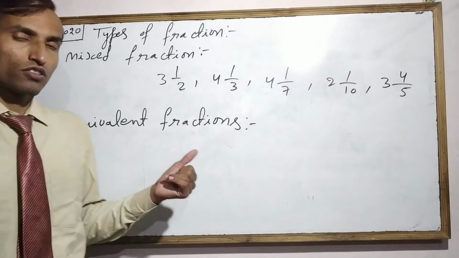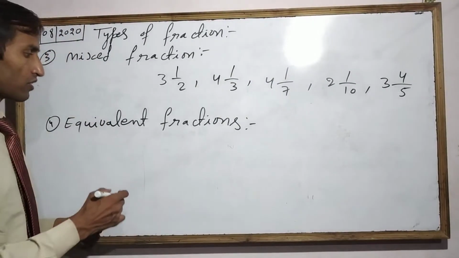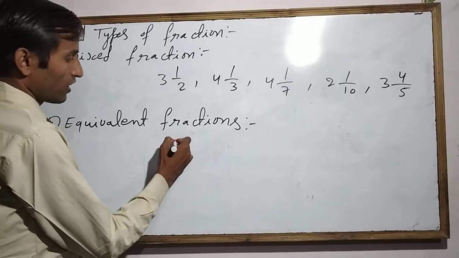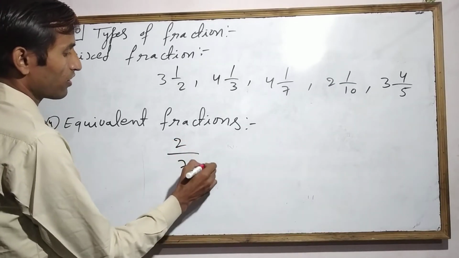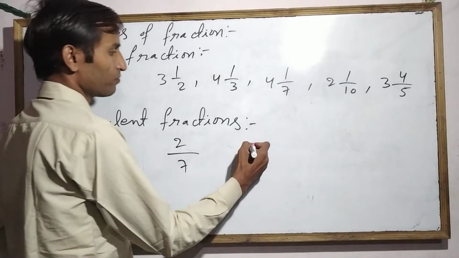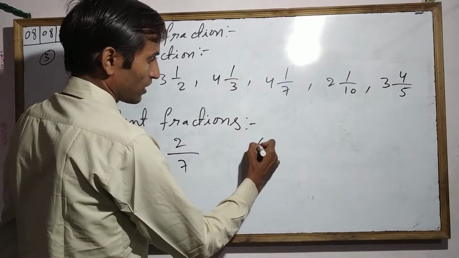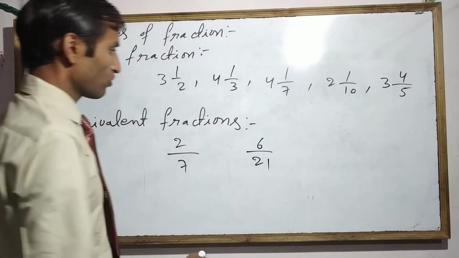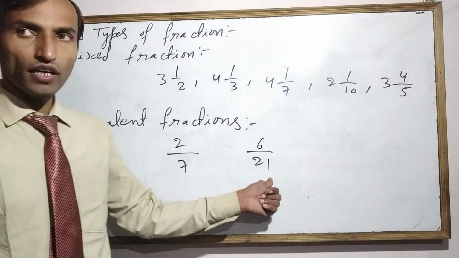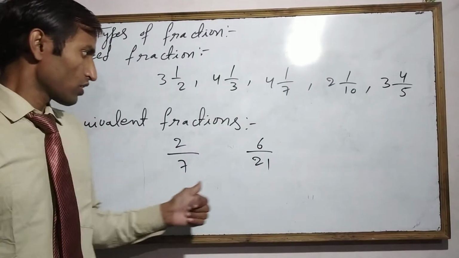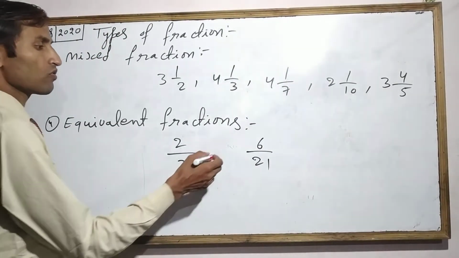Equivalent means same value. So if we take like this, 2 upon 7, and here is given 6 upon 21. We have to check whether both are equivalent or not. For that, we just have to cross multiply.